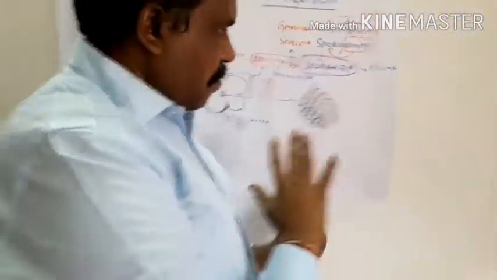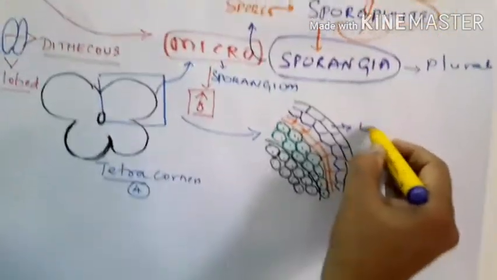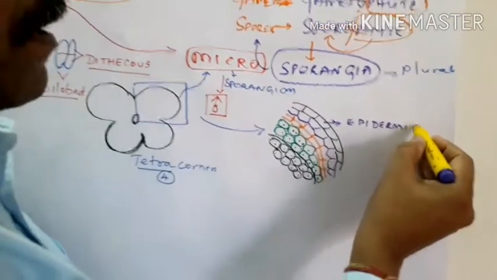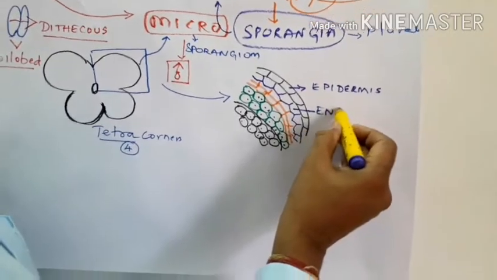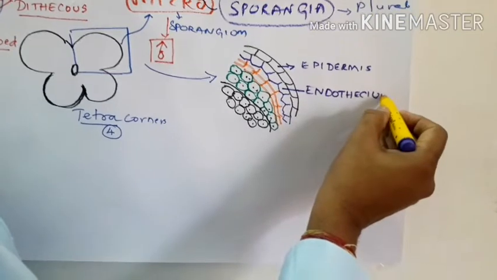Now, what are the parts? You have to label the parts here. The outermost, as I told you, is called the epidermis. The next layer is called the endothelium.